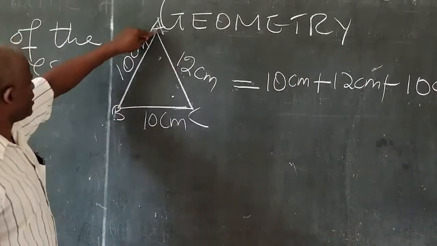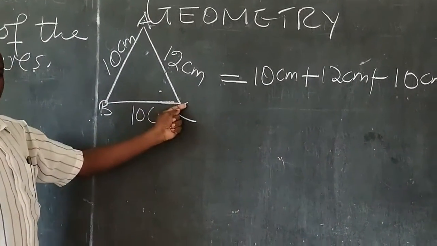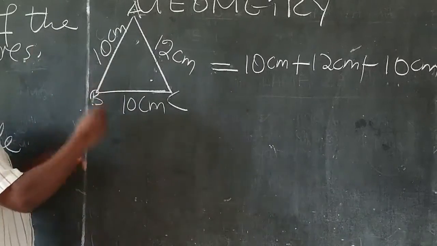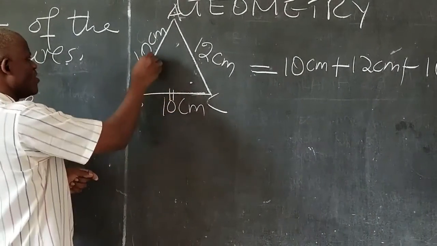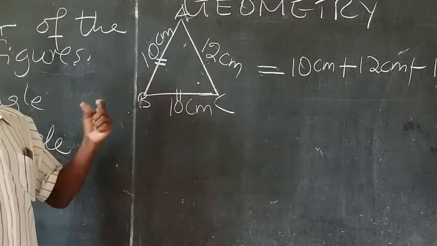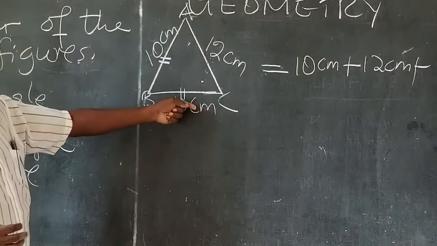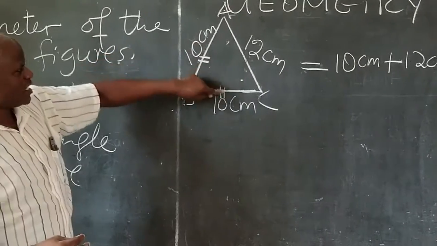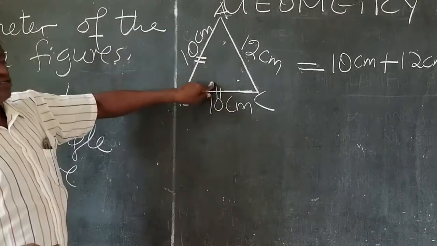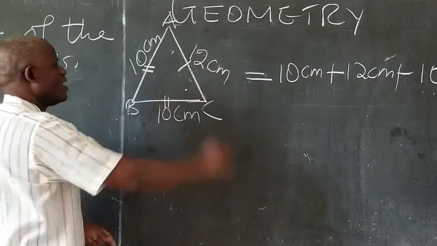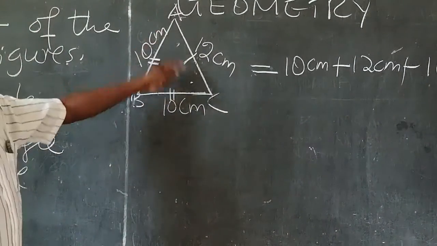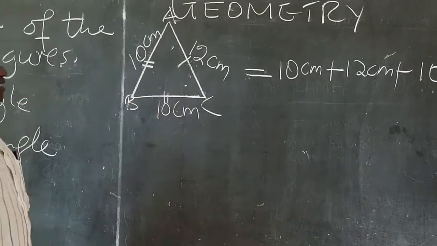Now remember, this side is equal to this side. In mathematics, if two sides are equal, better you show a sign which will show that this is equal to this. I have shown these two signs here to show that it is the same. But this is different, so you put one sign there, which differs from the others.